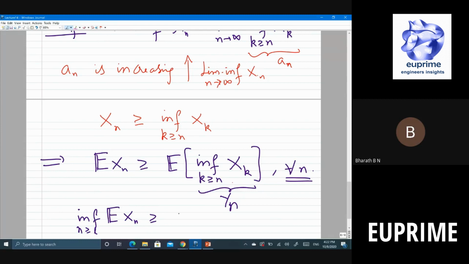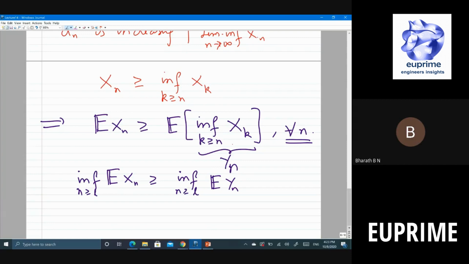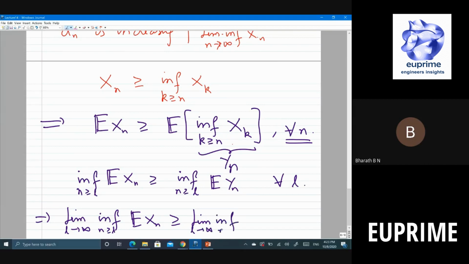So I can essentially write this as the infimum over all n greater than or equal to l of the expected value of yn, because yn is this. Now, this is true for every l. Therefore, this implies I can take the limit, l tending to infinity, of the infimum over all n greater than or equal to l of the expected value of xn, which is greater than or equal to the limit, l tending to infinity, of the infimum over all n greater than or equal to l of the expected value of yn.